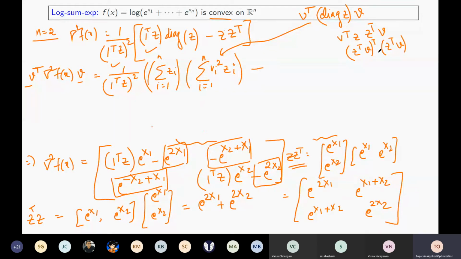So basically this is the norm of z transpose v. So here we have to write the 2-norm of z transpose v, which will be the zi vi terms. So the terms here are zi vi in the vectors, right? So this will be vi zi or zi vi, it doesn't matter. So this whole thing squared.